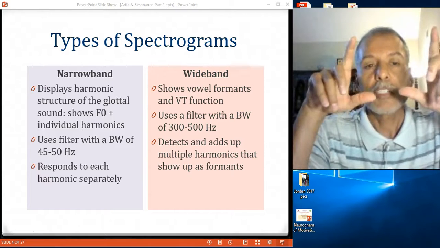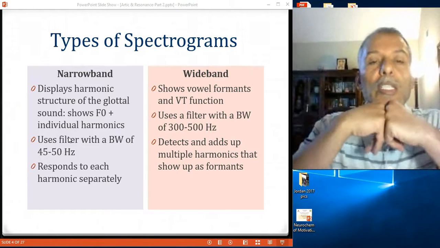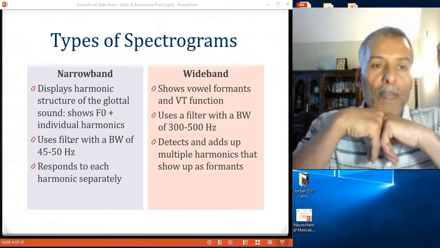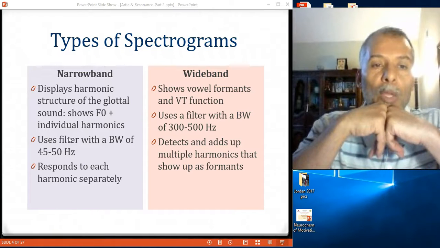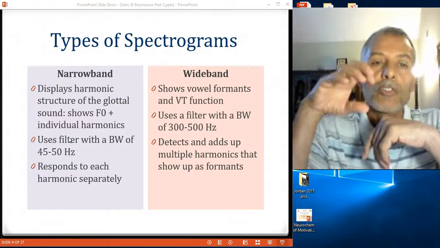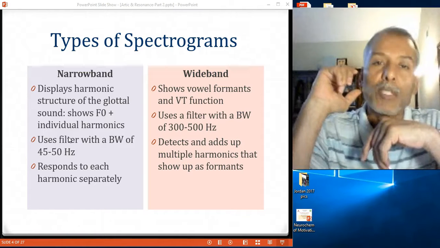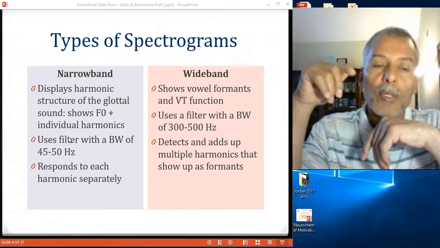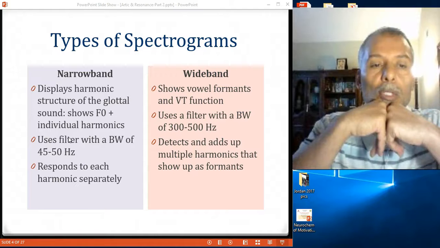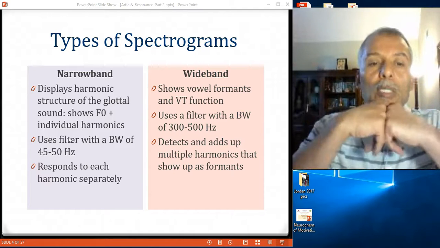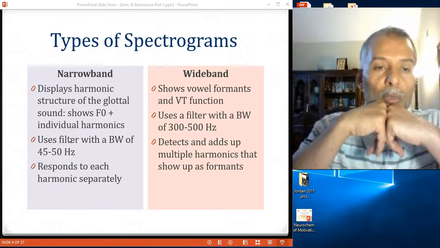So that is a restricted range, and the purpose is to identify the harmonic structures of the vocal folds themselves. So that is the fundamental frequency of the vocal folds and the individual harmonics that they produce.